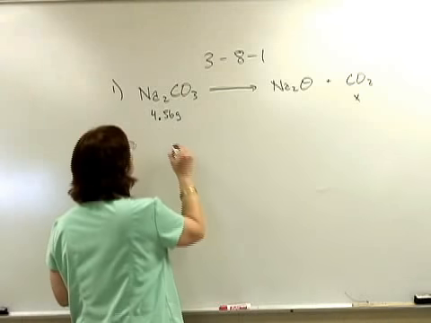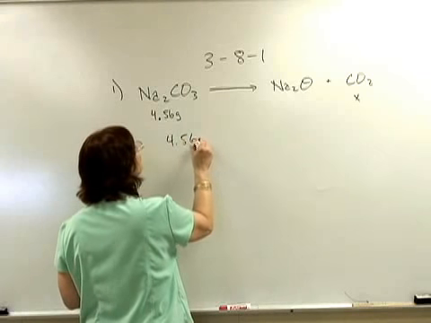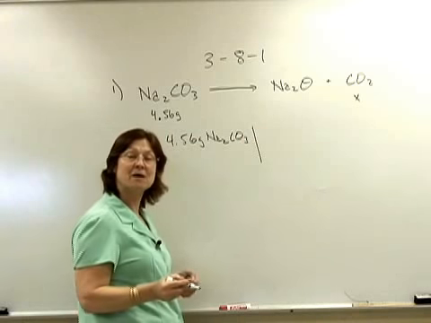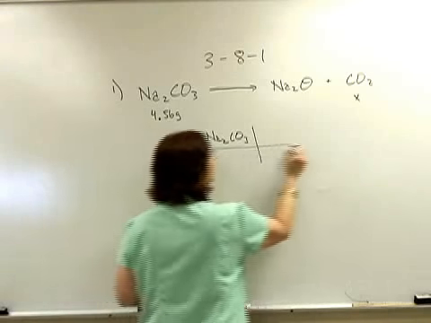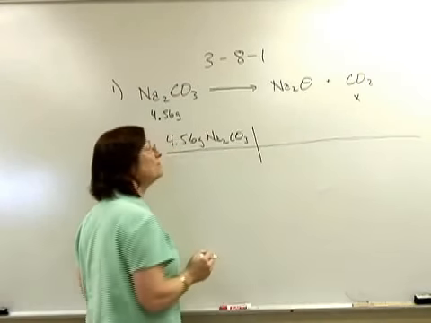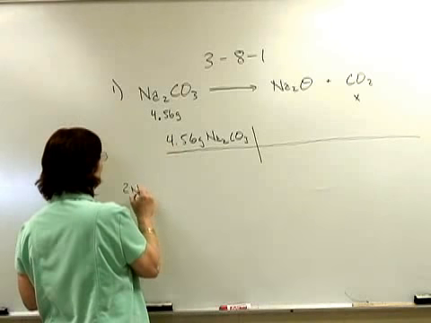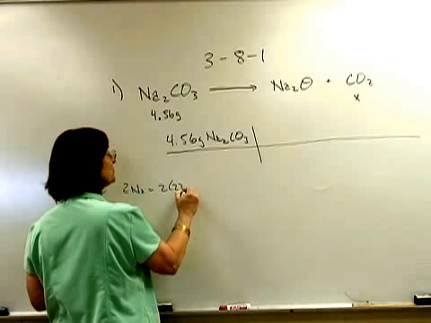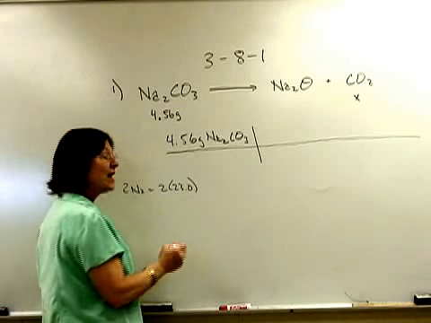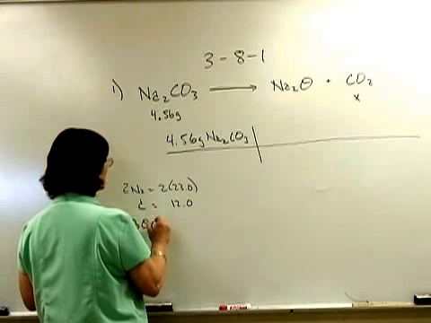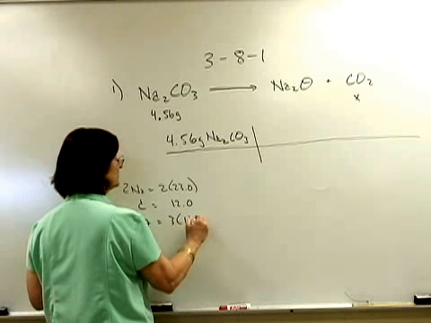And therefore, I will change my grams to moles using my atomic masses, and I'm going to add up the mass of the sodium carbonate. I have two sodiums, and each sodium is 23.0 AMU, and carbon is 12.0, and 3 oxygens is 3 times 16.0.